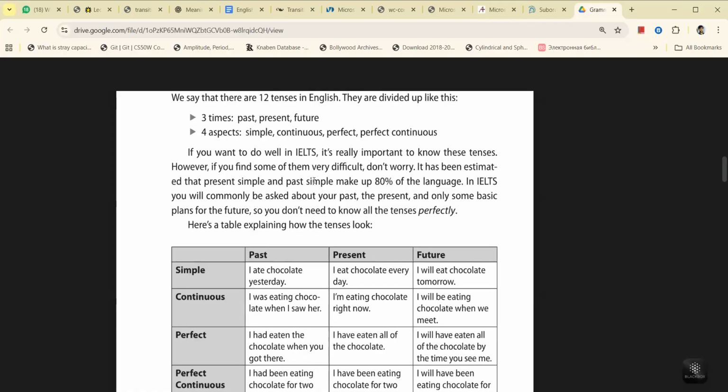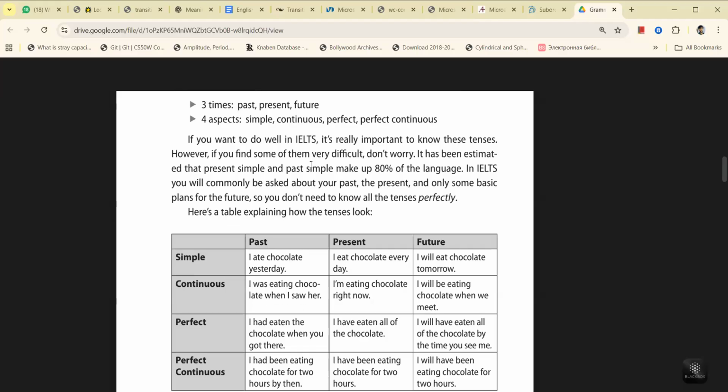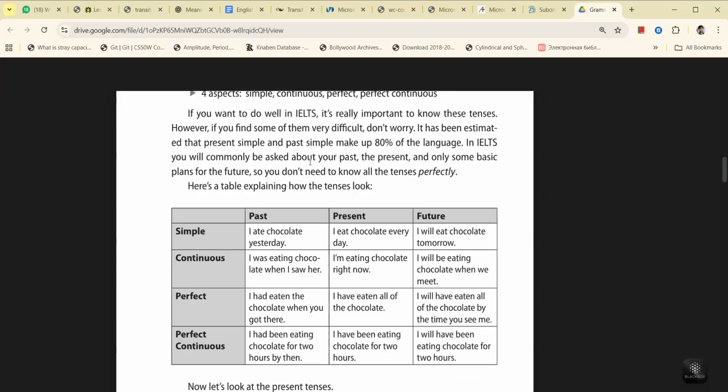Now, if you want to do well in IELTS, it's really important to know these tenses. However, if you find some of them very difficult, don't worry. It has been estimated that present simple and past simple make up 80% of the language.